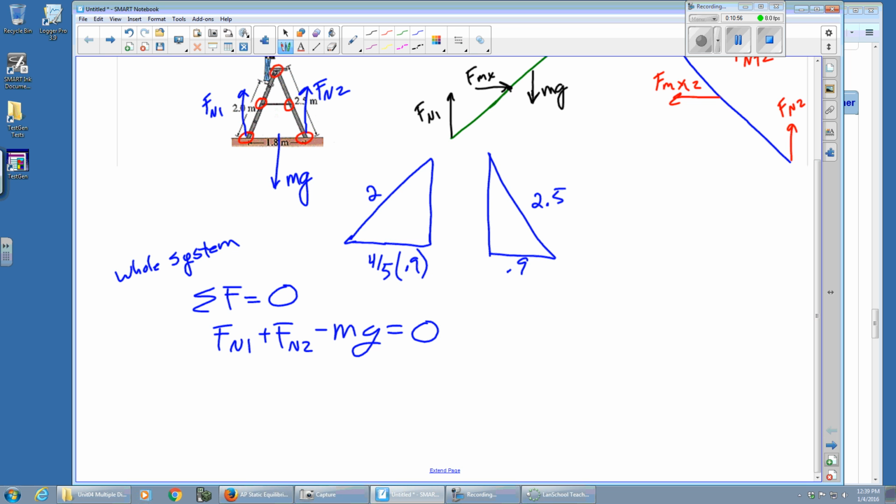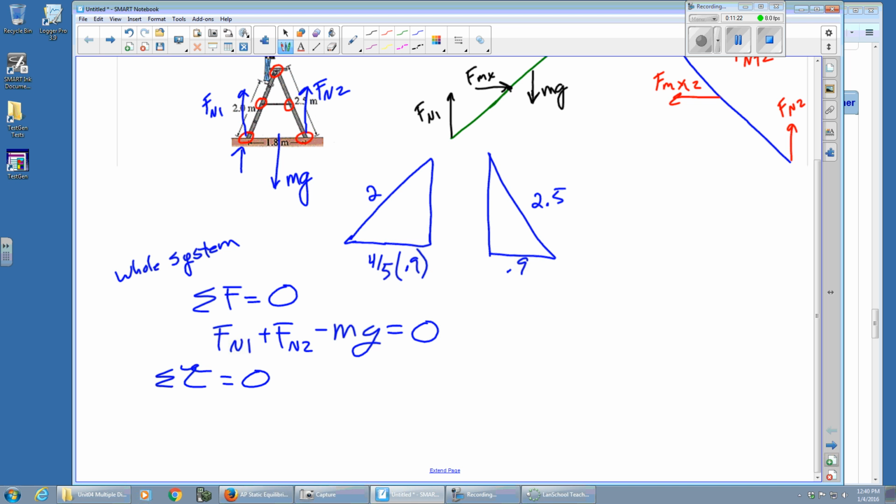And then I'm going to do the sum of the torques equals 0. Because remember, that's my other static equilibrium condition. Yes? And I'm going to do that around the bottom of the ladder here, around this point here.